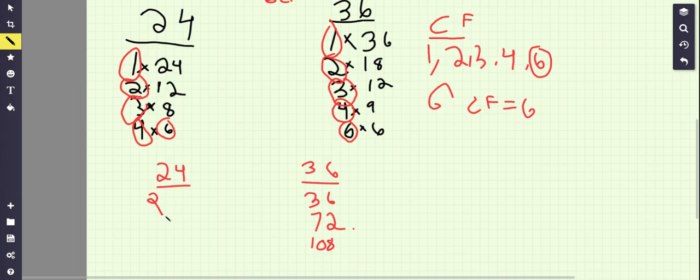So for 24, I know 24 times 2 is 48, and then 72. Let's now look at the multiples of 24.